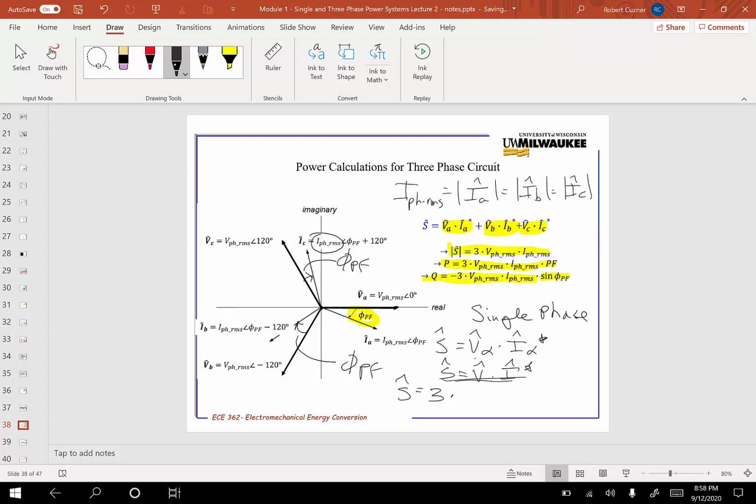So you could have 3 times the S apparent power in one phase. All you really have to worry about when it comes to the power calculations with the three-phase system is this factor of 3. Just don't forget it.